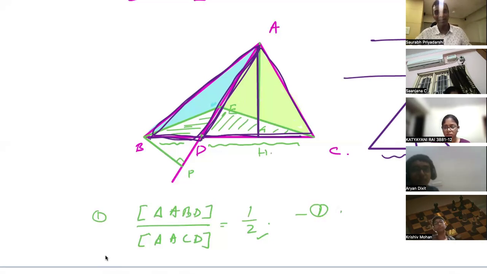So I can say the ratio will be the heights only. Right. So I'm dropping the perpendicular from this. In all those cases, if you see, I'm dropping the perpendicular on this, because this and this lengths are equal. Right. So the trick is, either I have to go with the base or we have to go with the height.